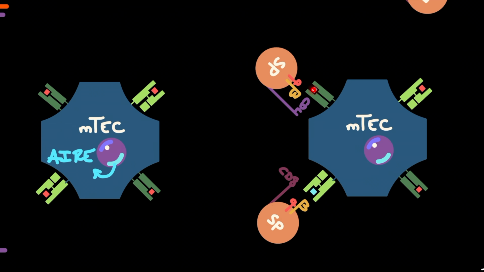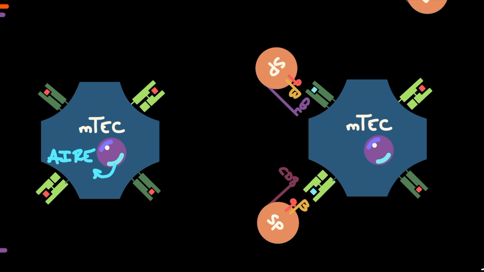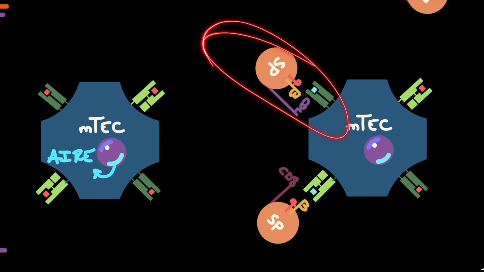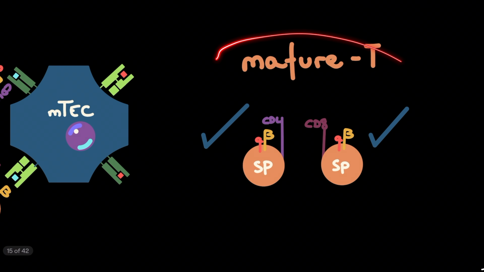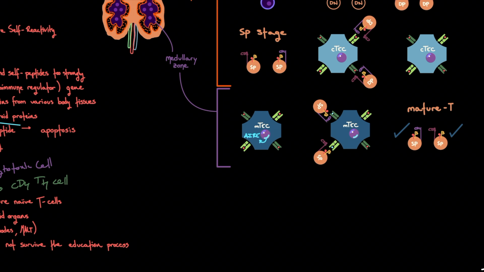So they present some of those and say, hey, just so you know, you might come across insulin, you might come across myelin, and you need to make sure that you do not react to them. If they don't, good to go. We have a mature T cell. If they do react to something that the body makes, then we say, get the heck out of here. All right, so that's the process here. We have our two checkpoints that are carried out by our thymic epithelial cells. So that's the breakdown there.